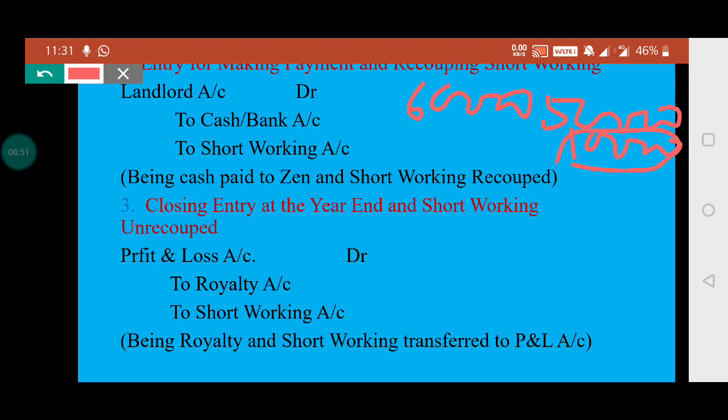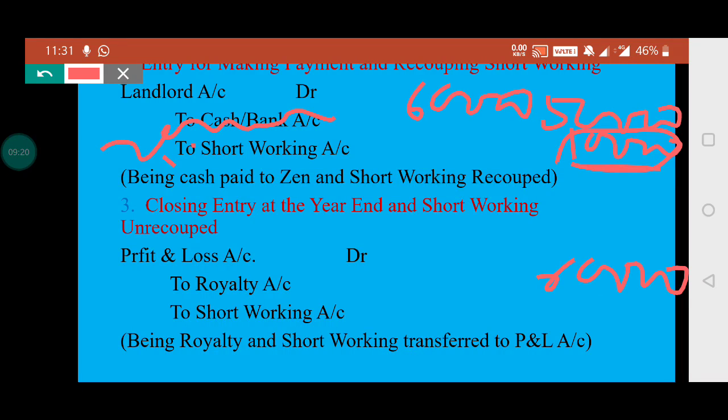Okay. Now the closing entry at the year end and short working unrecouped. P&L account debit to royalty. How much was the royalty? 60,000. Recouped amount is 10,000. Actual deficit was 20,000 in the first year.